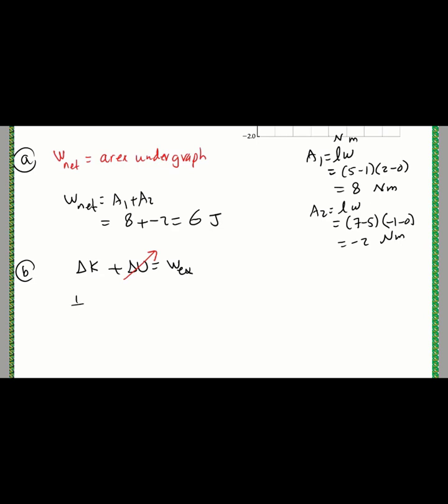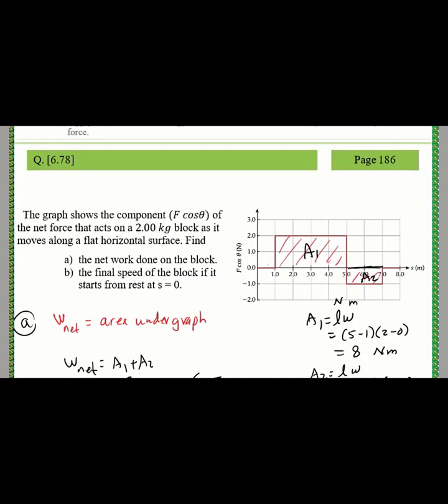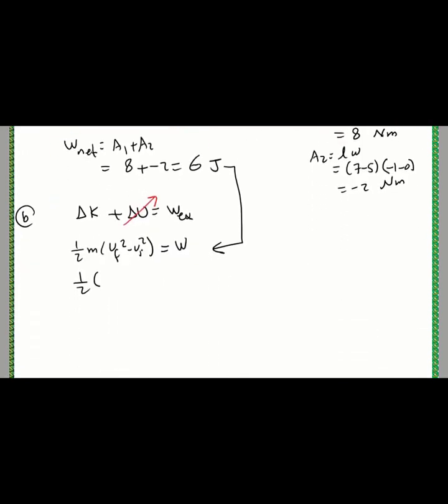Delta K is 1/2 m V final squared minus V initial squared, and the total external work is given, 6 joules. 1/2, the mass, I think it is 2. Yes, it is 2. V final, I need it. V initial from rest is 0. The work is 6. So V final is the square root of 6.